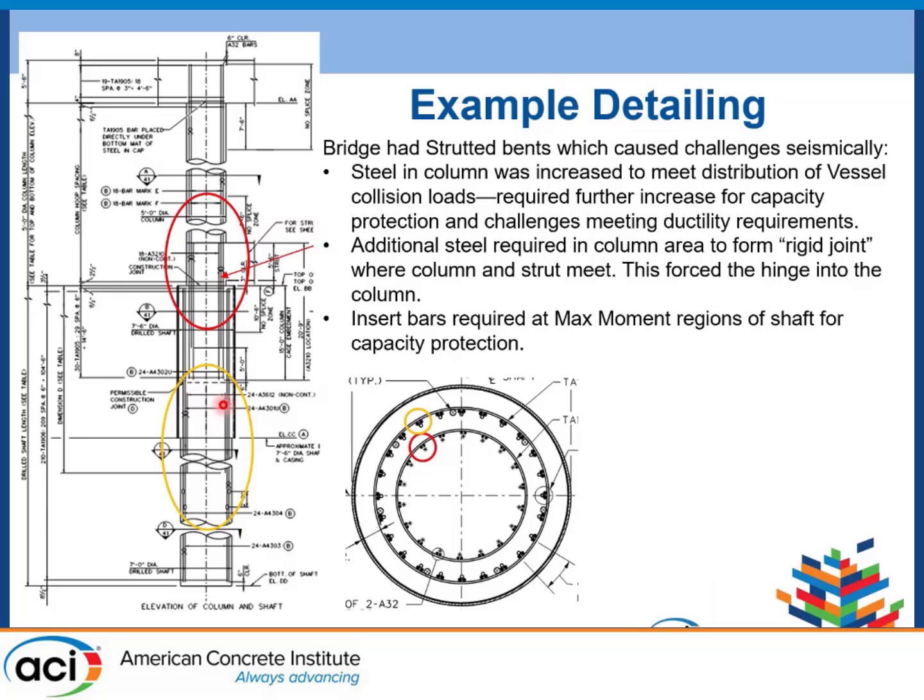And again, I didn't mention earlier, but capacity protection is essentially the objective whereby we make some elements stay elastic in a seismic event by increasing the demand that we impose on the design for those elements. So in this particular case, what we have to do is take the actual loads associated with a seismic event for the yielding of this column, for instance.